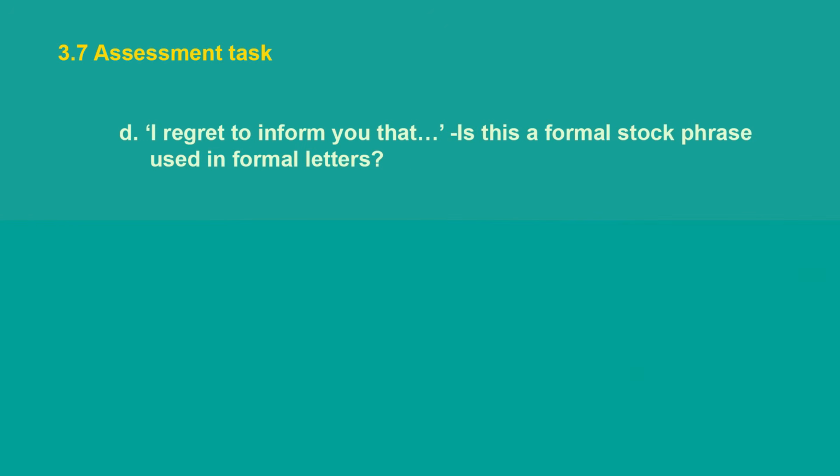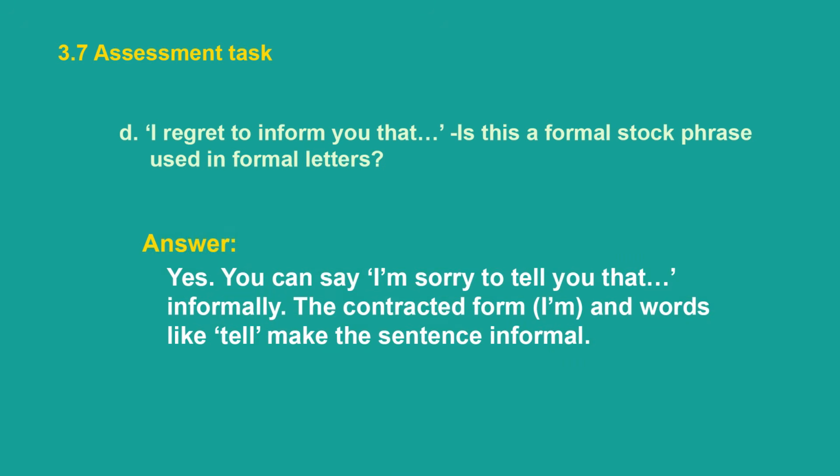Question number D. I regret to inform you that. Is this a formal stock phrase used in formal letters? Answer is yes. You can say, I am sorry to tell you that informally. The contracted form I am and words like tell make the sentence informal.